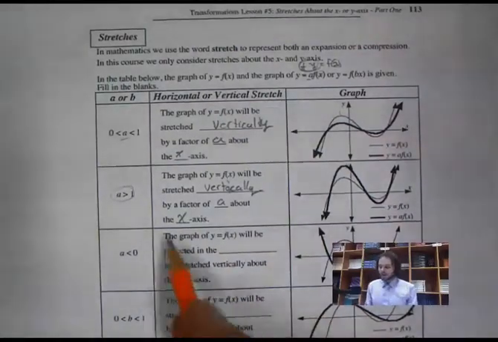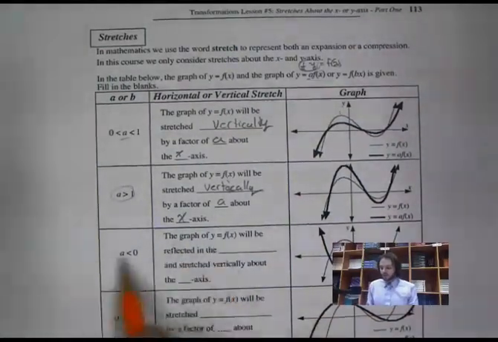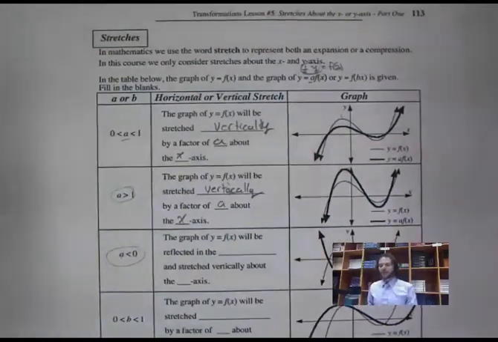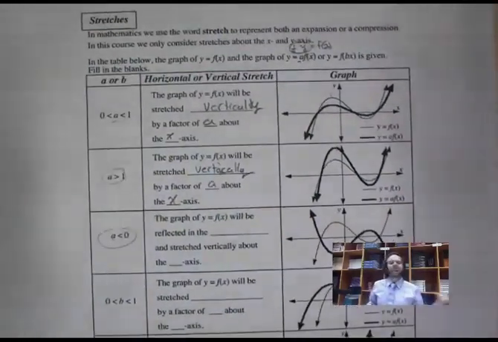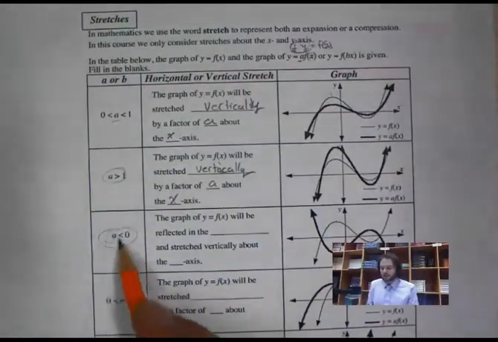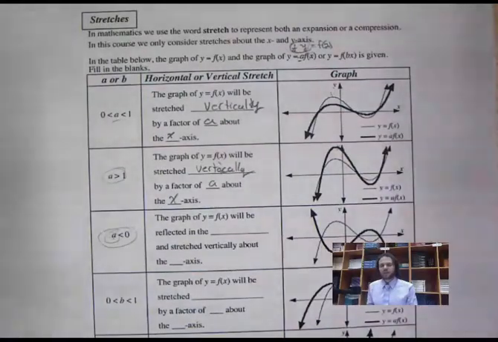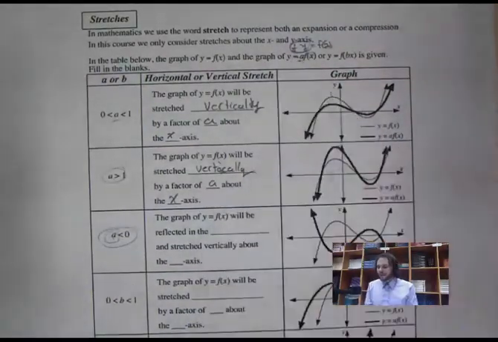The next one here, we're looking at the graph of f of x, where a is less than 0. If I look at that, and we're going to relate this to last class when we had reflections, this must be negative. That means there's a negative outside there, right? As soon as there's a negative outside, we learned last class that it is going to be a reflection in the x-axis.